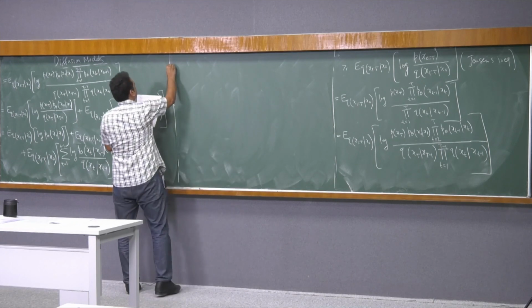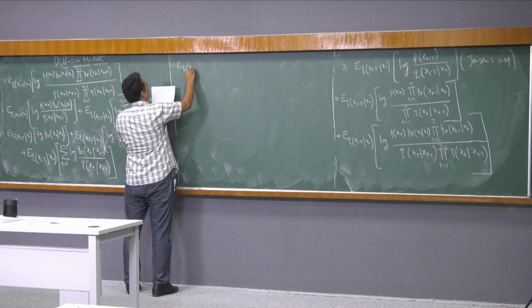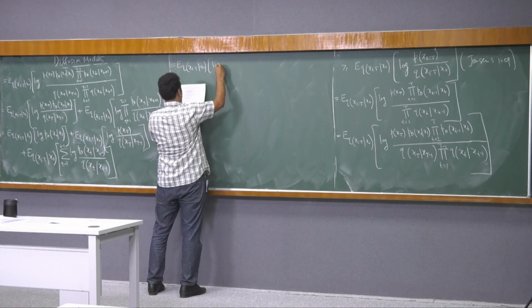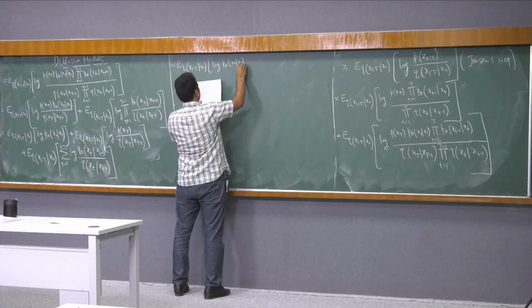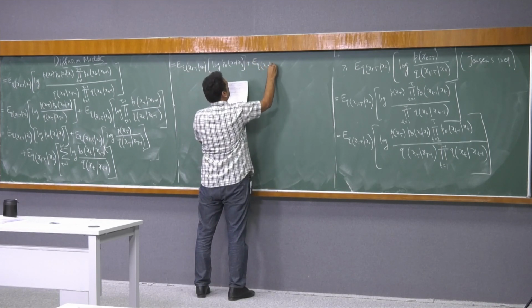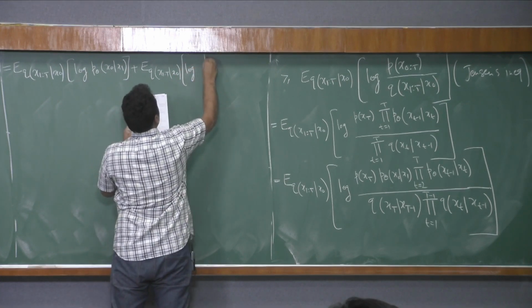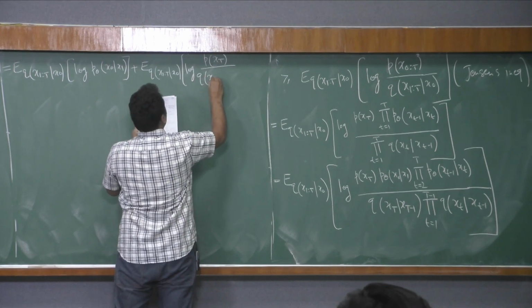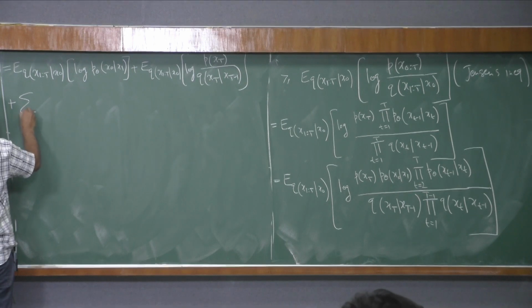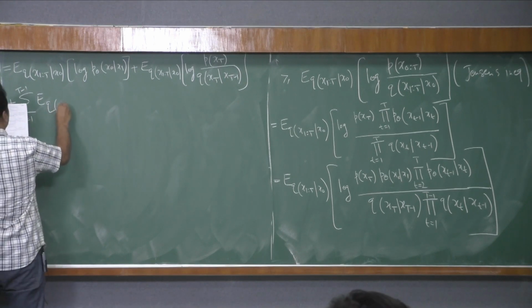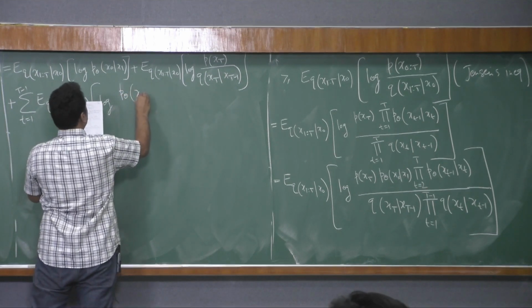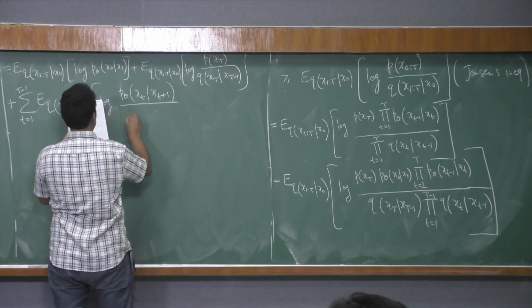Now this is equal to the log of p theta x naught x1, the expectation of q of, the log of, txt divided by, plus the sum of the log of p theta xt plus 1 divided by.